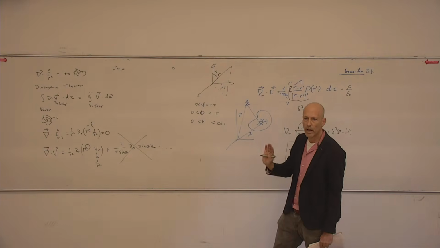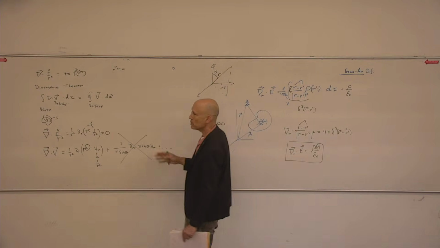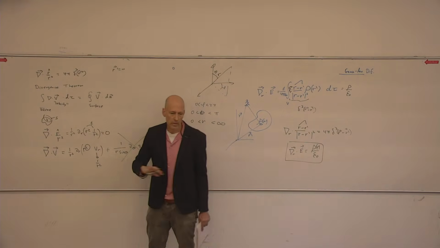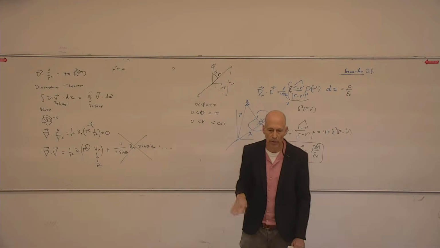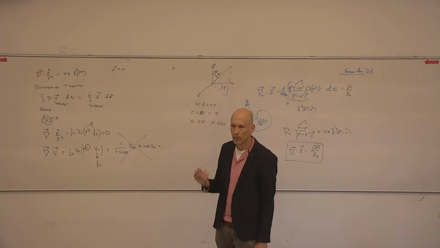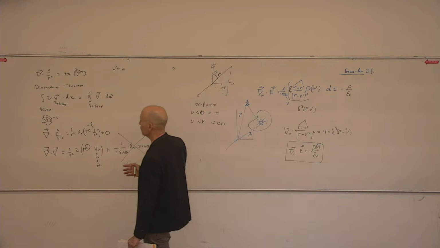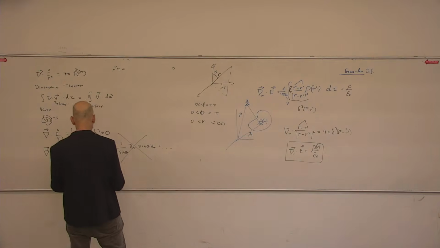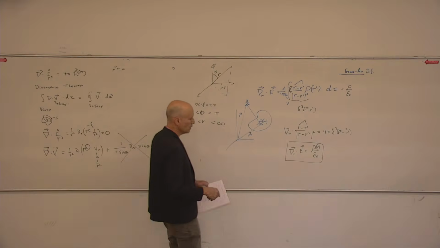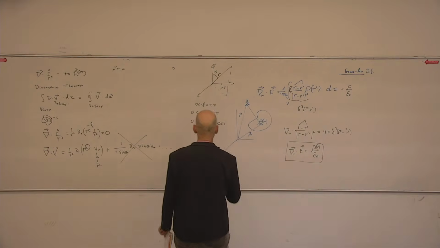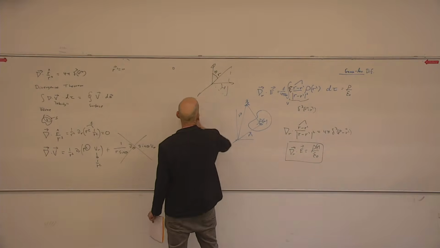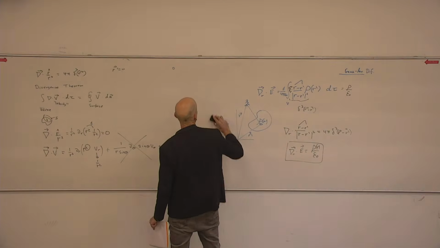So this is for any r not equal to 0. So this is like a delta function in the sense that this function is 0 everywhere. Maybe there's some problem at the origin. Now we want to prove that it is a delta function. How do we prove that? Here we will use the divergence theorem, more or less as a proof.